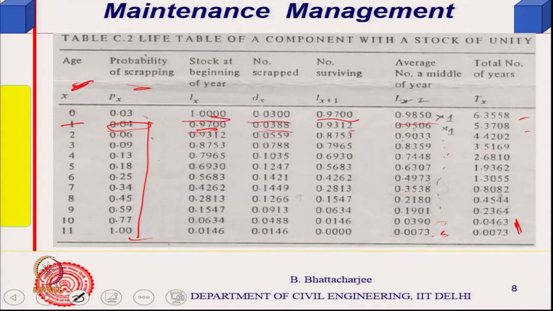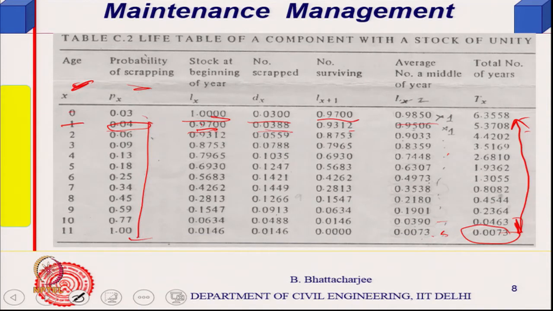You can add this up and cumulate from this side, and you will find that 0.03 survived 11 years, 0.04 survived 10 years, right.